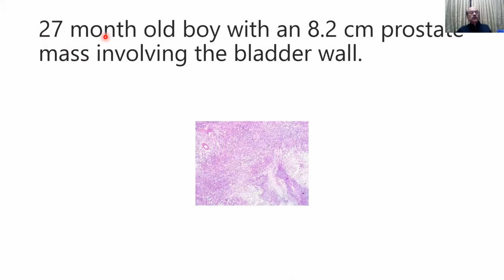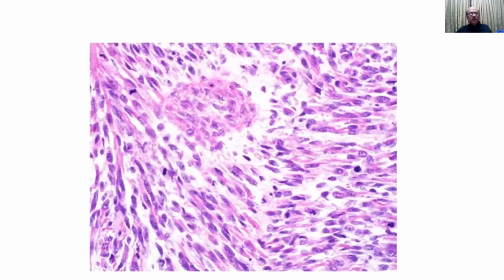And another case, 27 months old boy with a 8.2 centimeter prostatic mass involving the bladder wall. This is a spindle cell tumor with hyperchromatic nuclei, but not much pleomorphism. There is increased number of mitosis.